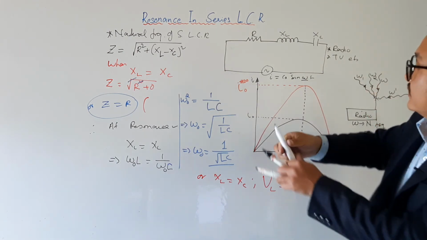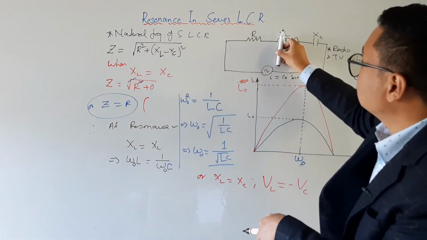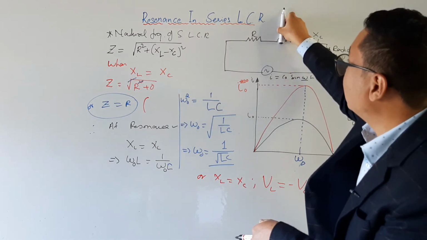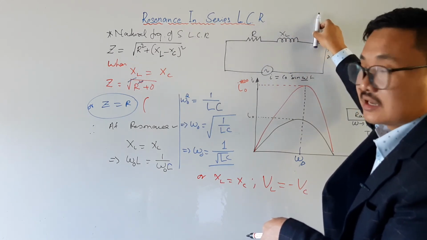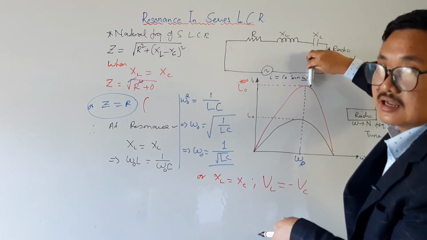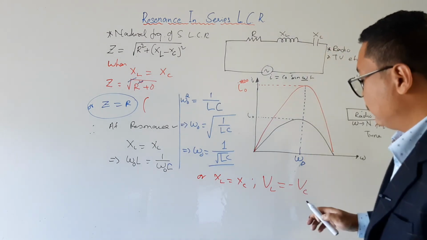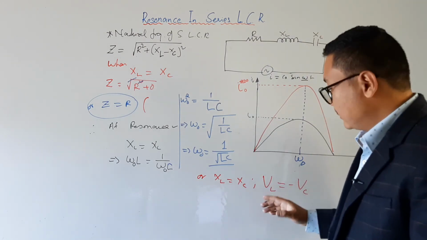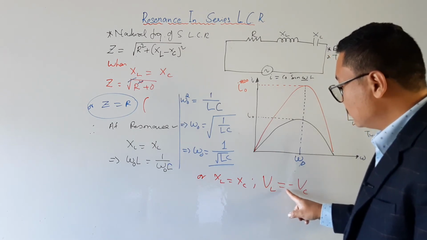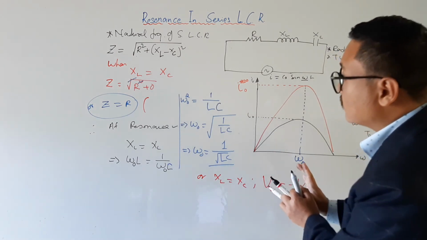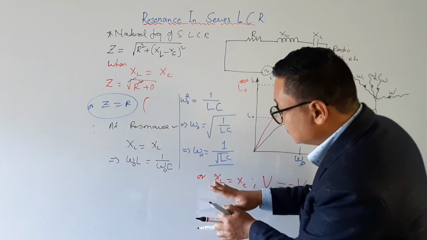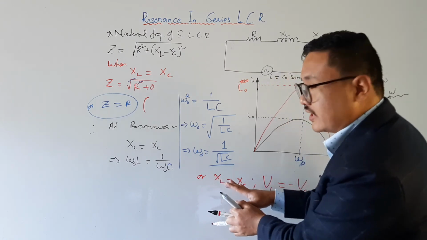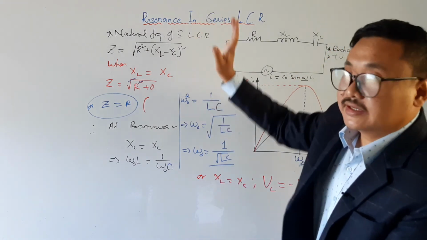If the voltage drop in the inductor is upward, then in the capacitor it will be downward, opposite and equal. So VL is equal to minus VC, which also corresponds to this. And when XL equals XC, we get resonance.